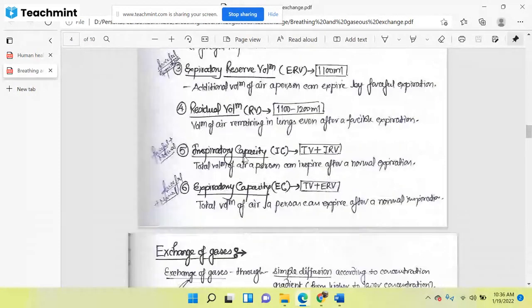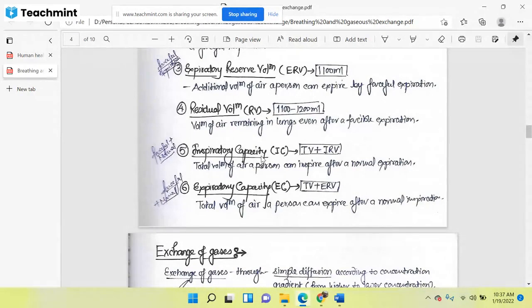Now, inspiratory capacity. Here, inspiratory capacity is a combination of tidal volume plus inspiratory reserve volume. When we add both of these, it is the total volume of air a person can inspire normally, as well as the extra inspiratory volume.